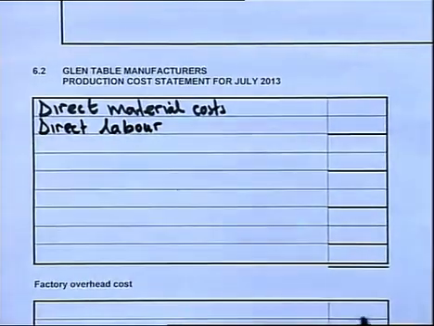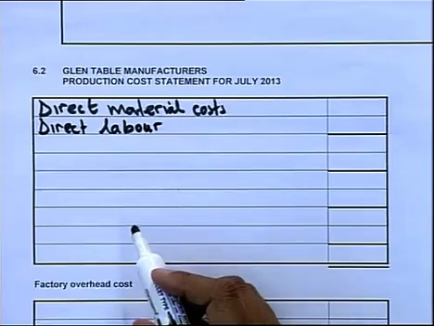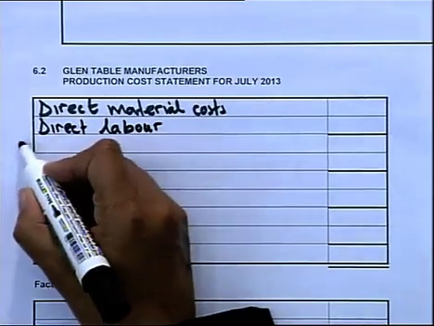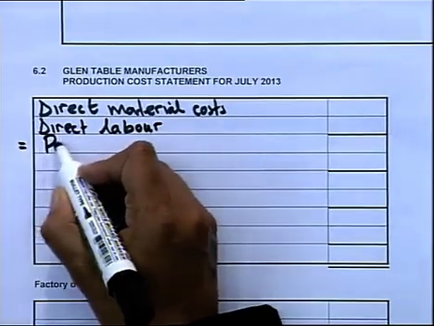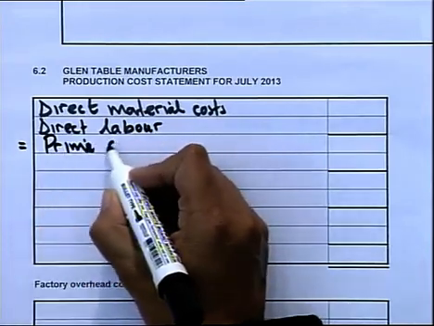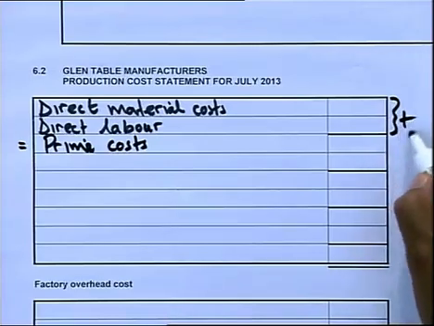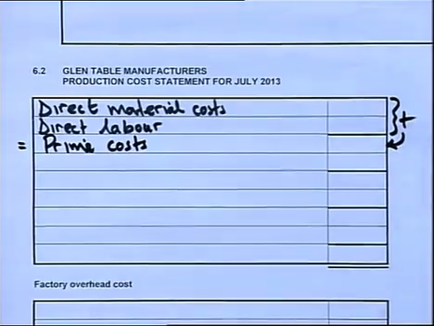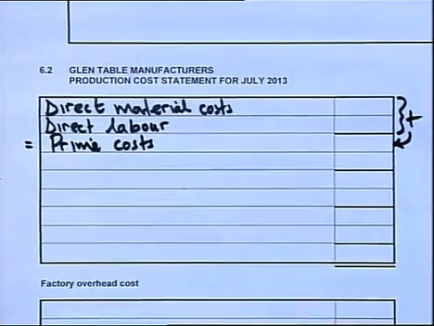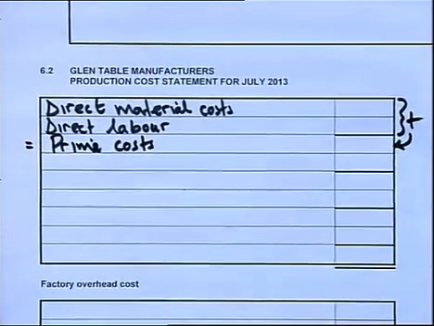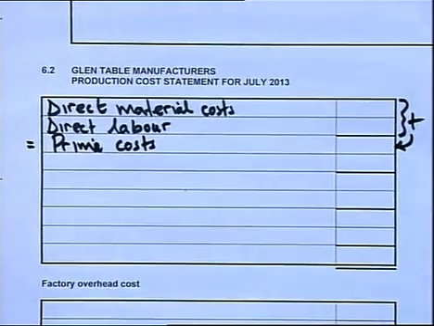Now direct materials and direct labor is known as prime costs. When I add my direct material and my direct labor, I get what we call prime costs. Okay, that's my first cost. Another word for prime is first costs.